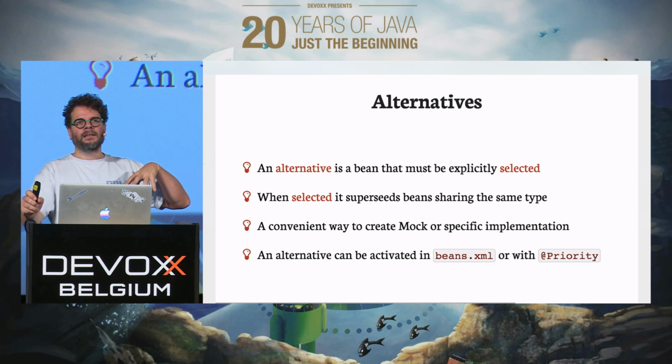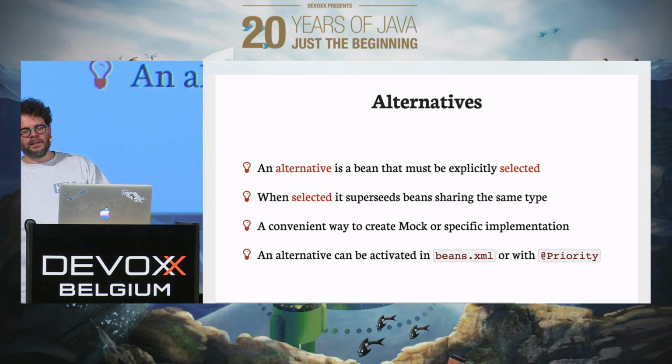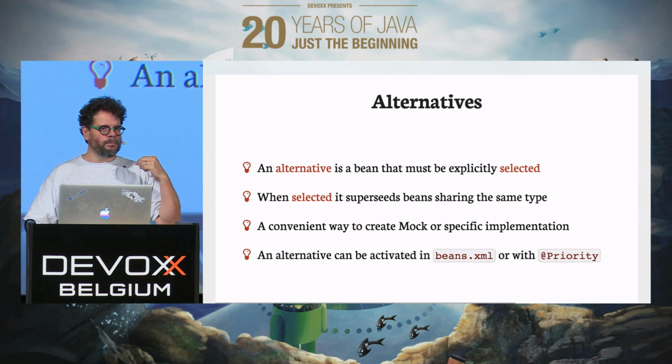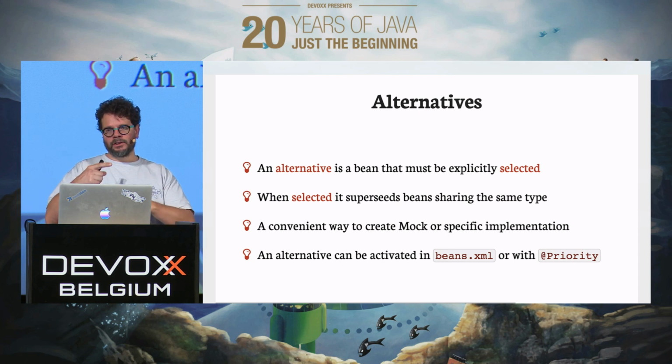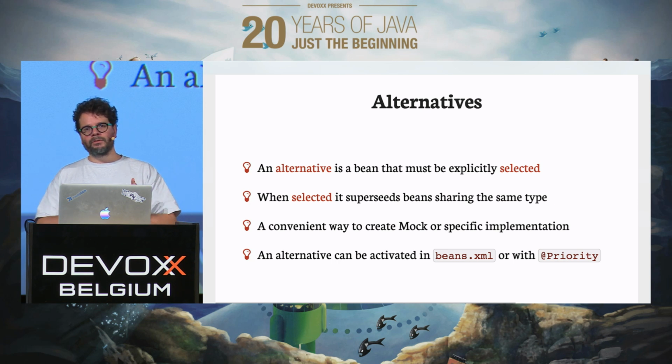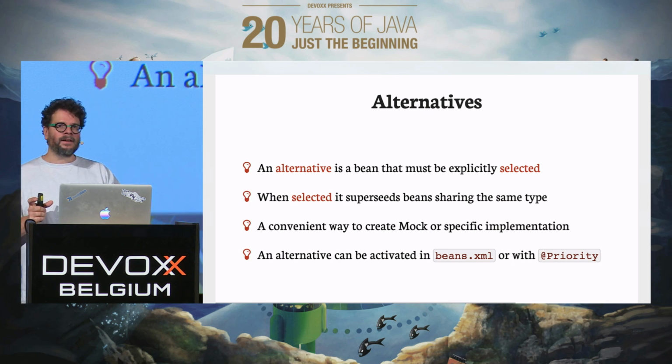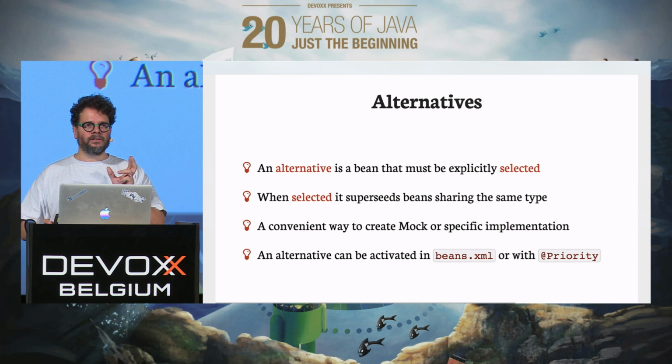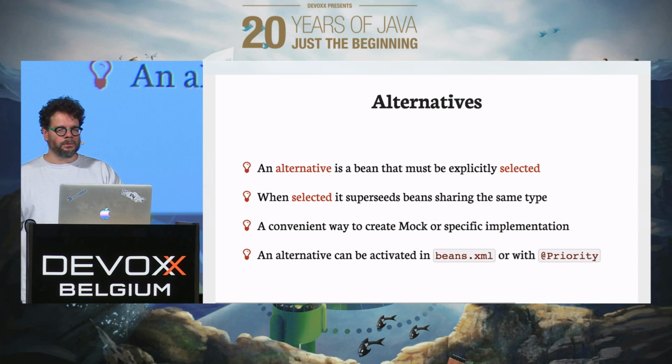In fact, at the end of the type safe resolution mechanism we saw earlier, you'll have two beans eligible for the injection point. But CDI will check for the alternative feature on every bean, and if one of the beans has the alternative feature, it will be the one that is chosen.